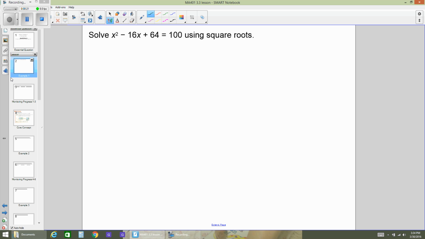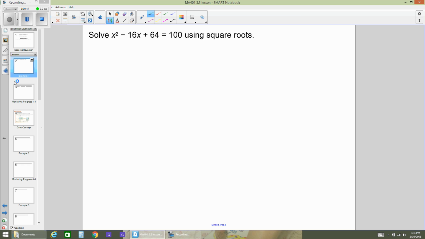So look at this. It says solve x squared minus 16x plus 64 equals 100. And at first, you should be thinking, wait, no, this isn't the best method. Square root method is not the best method for me because I know that there's an x squared term and an x term, and so I have two terms with x's, and this is not how you taught me to do it.